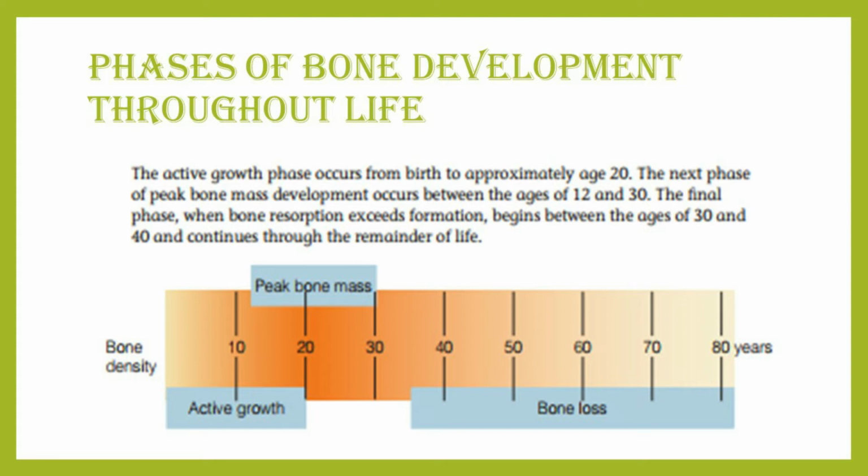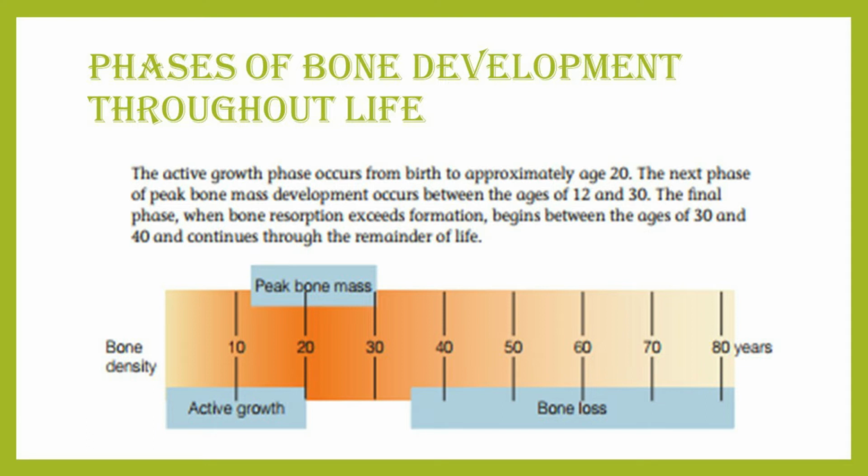A low calcium intake during the growing years limits the bones' ability to reach their optimal mass and density. Most people achieve peak bone mass by their late 20s, and dense bones best protect against age-related bone loss and fractures.